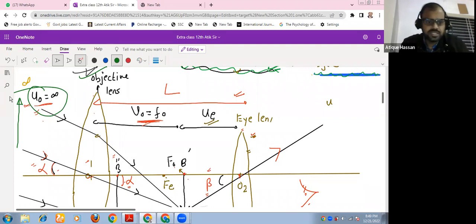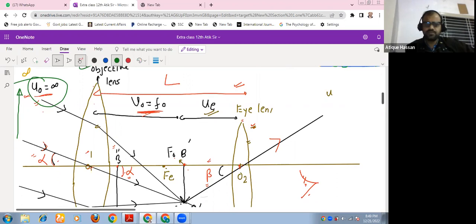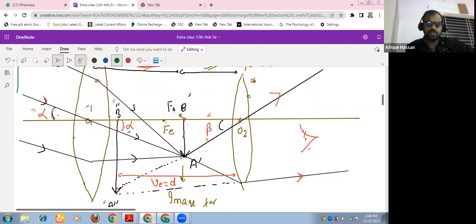Now when it enters the objective lens, obviously because it is coming from infinity, it will converge at the focus of the objective, right? Obviously it should converge at the focus because light rays are coming parallel from infinity, right?